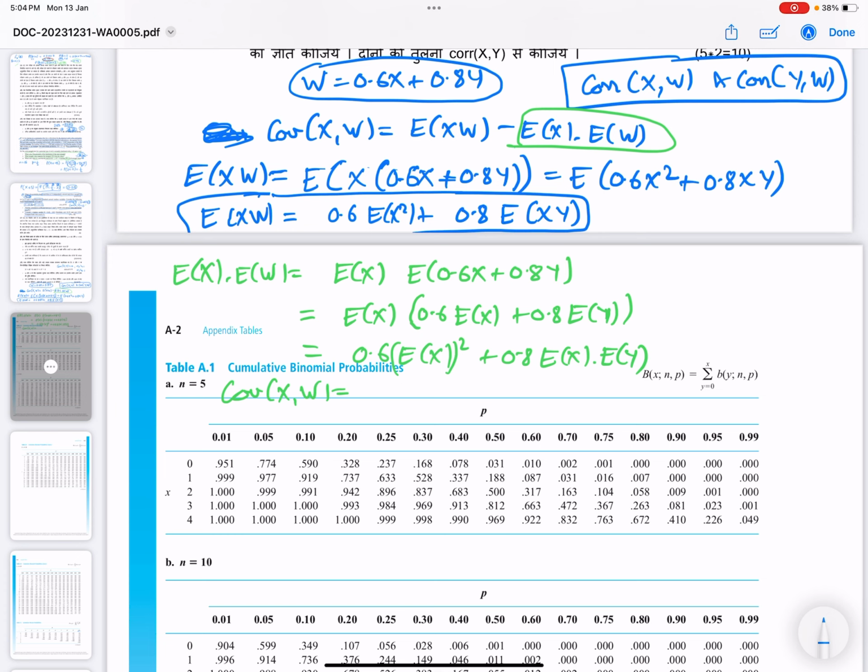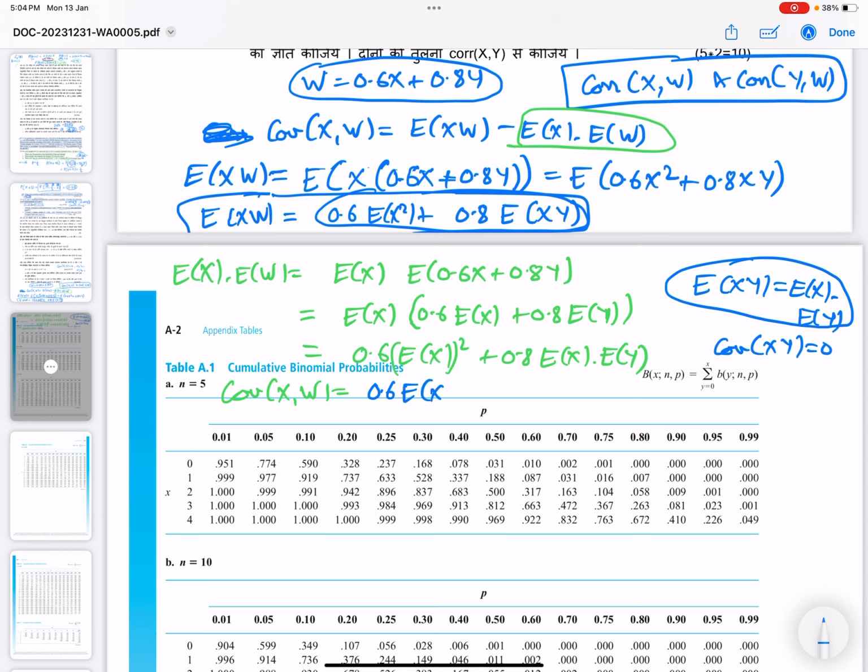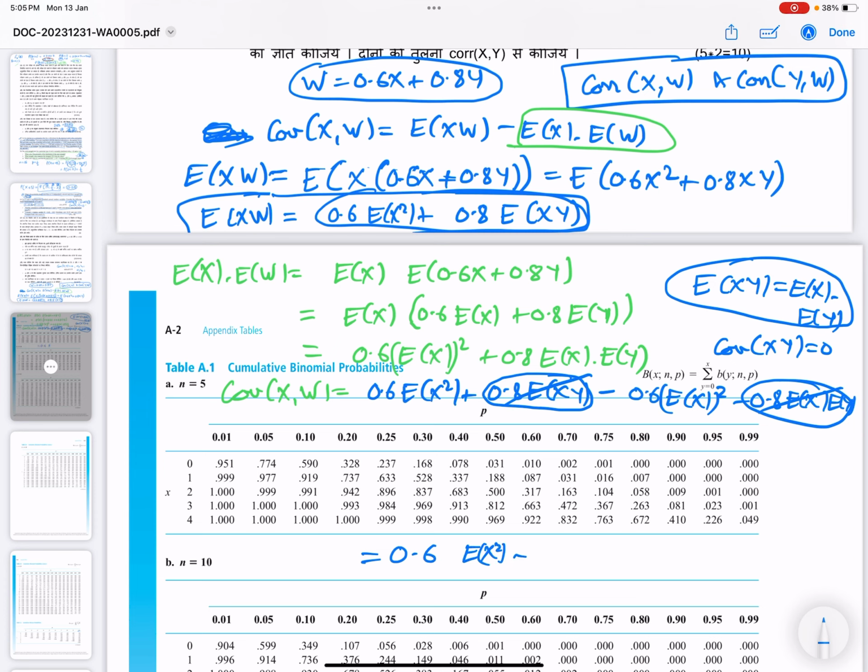And since expected XY equals expected X into expected Y, because covariance XY was 0, this thing would become 0.6 expected X square plus 0.8 expected XY minus 0.6 expected X whole square minus 0.8 expected X expected Y. Since these two are equal, they will cancel out and we are left with 0.6 expected X square minus expected X whole square.